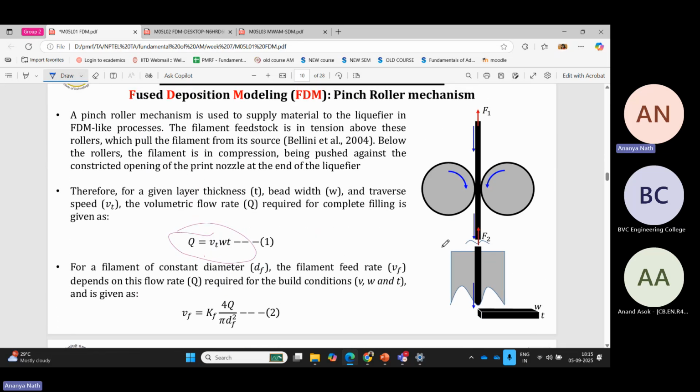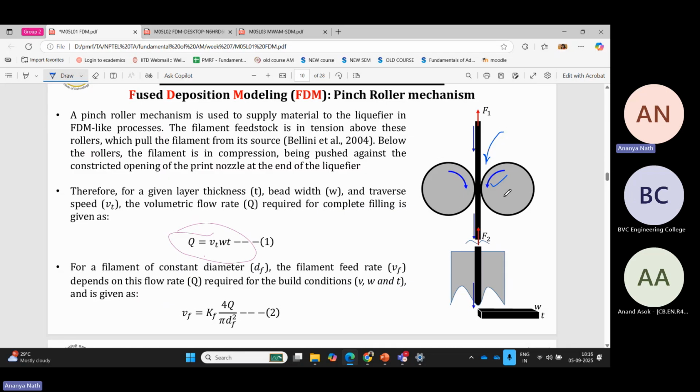How much force you are giving or how quickly you are feeding the wire inside the pinch roller is one thing, and how much speed there is in the pinch roller rotation is another. These should be in sequence so that the wire will always be in tension and will not buckle on top of the pinch roller.